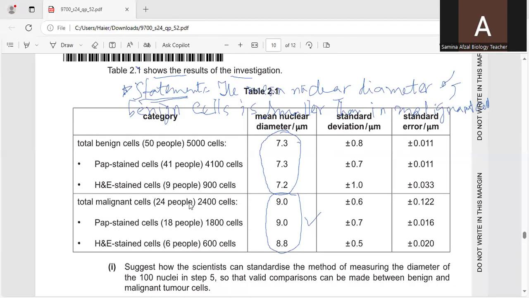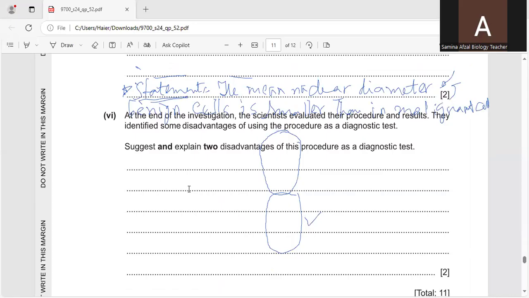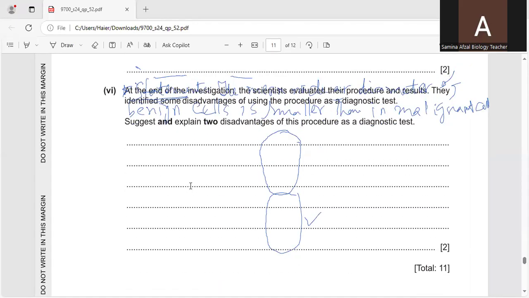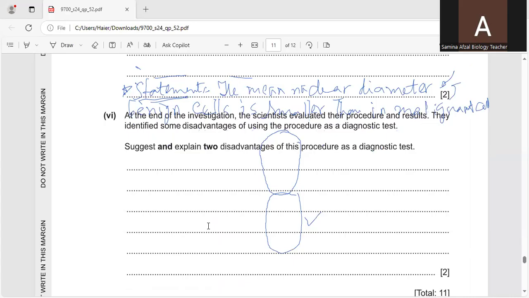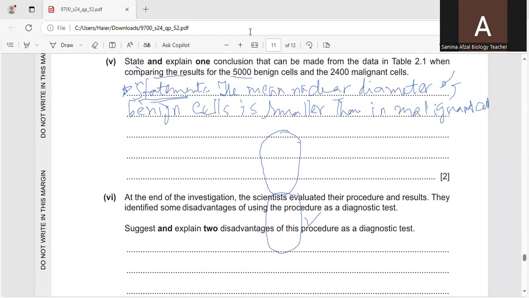So we are moving towards our answer, the statement which we have written, and then we are moving to the explanation. Now we are going to write the explanation which we have got from the table.